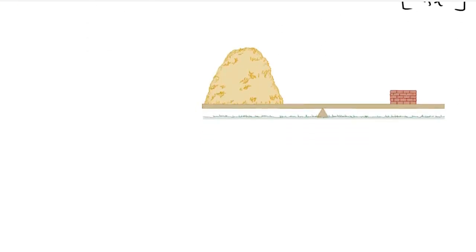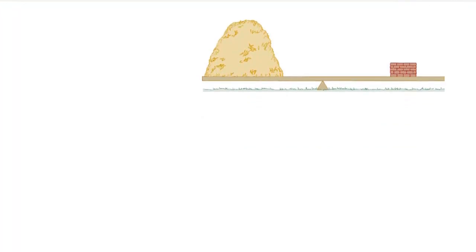So let's say we have a pile of feathers and a pile of bricks, and they have exactly the same mass. But clearly the volume of the feathers is greater than the volume of the bricks, right?